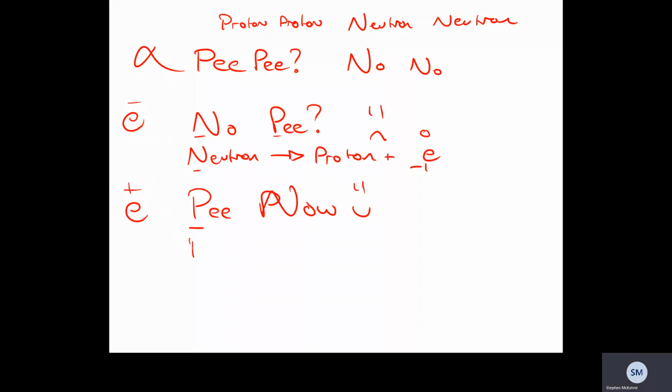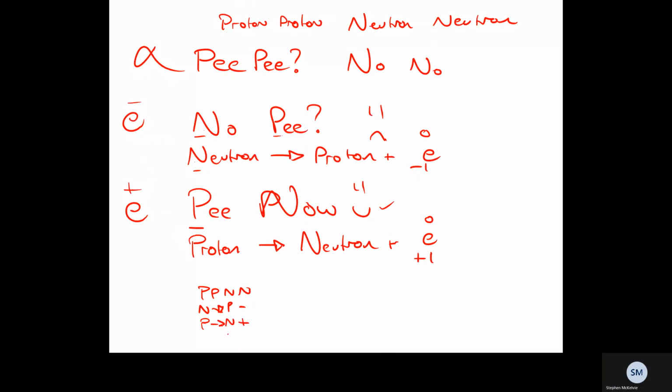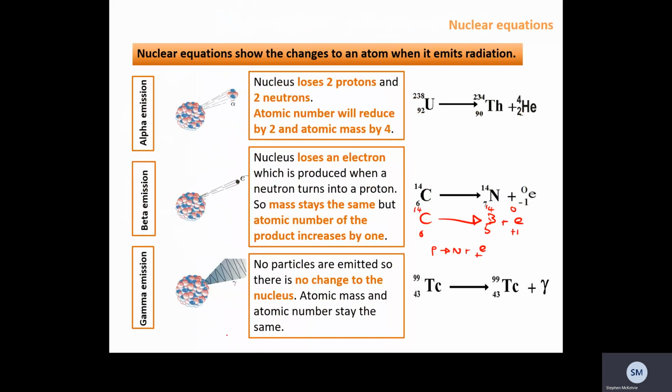When a proton, P for proton, turns into a neutron, and a positive, yay, happy, smiley, positive thing, positron radiation. So N to P makes me negative, P now makes me happy.